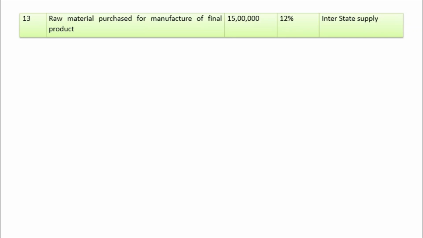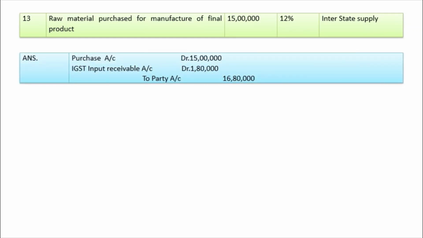So naturally, credit is available, and as credit is available, we will record IGST separately. So the entry is: purchase account debit 15 lakh, IGST input receivable account debit 1 lakh 80,000, to party account 16 lakh 80,000.